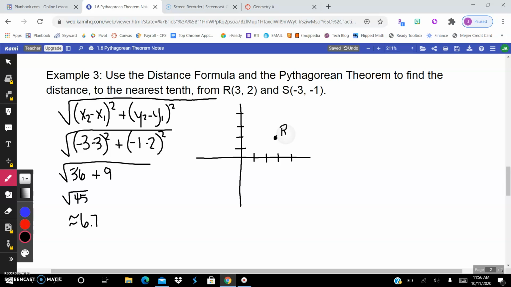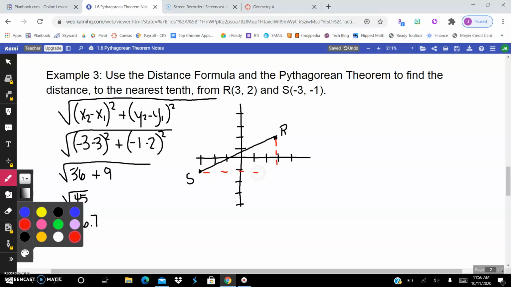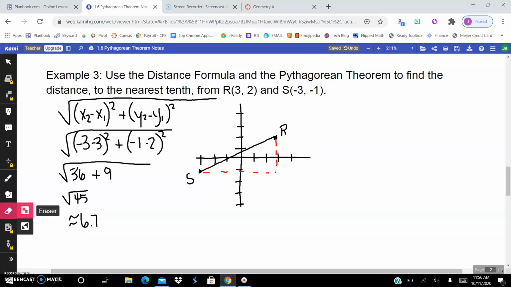So that's going to be R. And S is negative 3, negative 1. So there's our S. If we connect those, we need to find that distance. So I'm going to have to make a right triangle. And I could have gone up and over as well. It doesn't matter. The lengths are going to be the same.